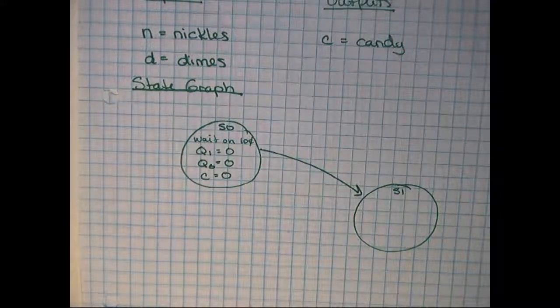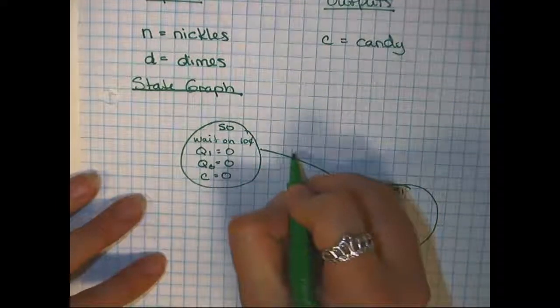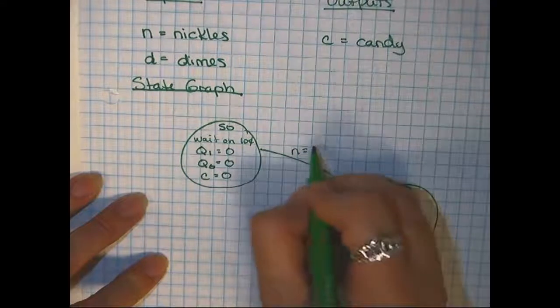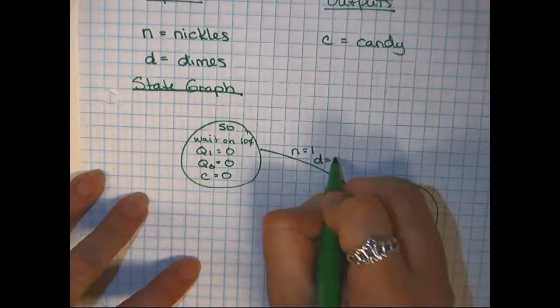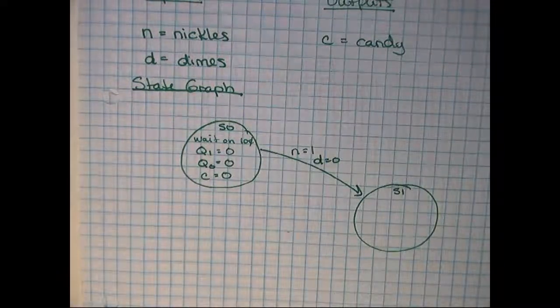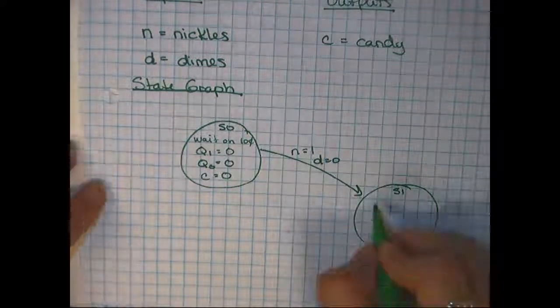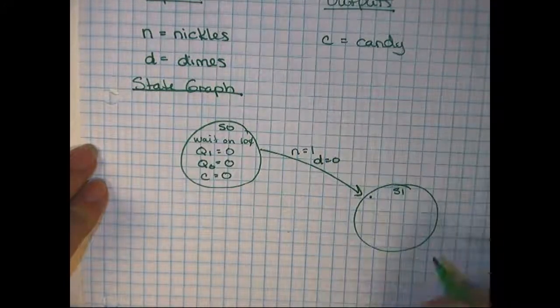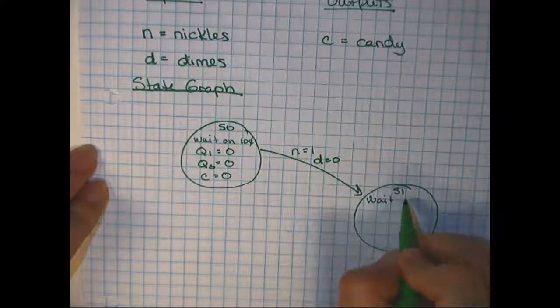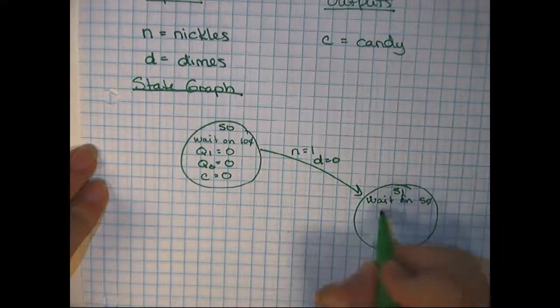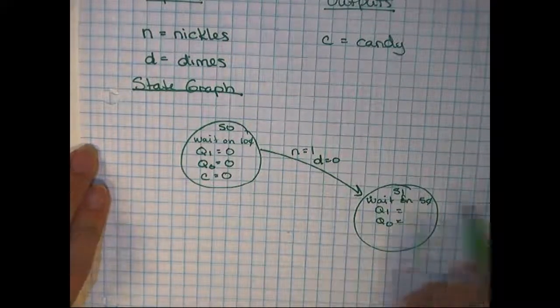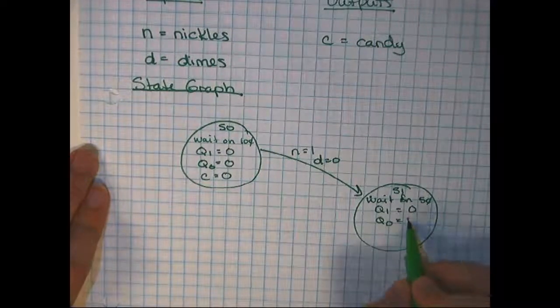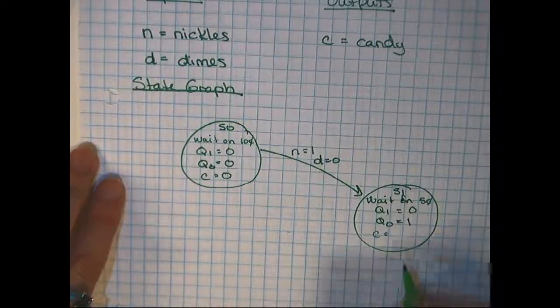And what's going to happen is we're going to put in a nickel, so N equals 1, and D equals 0 to get us to state 1. At state 1, we called that wait on 5 cents. Q1, Q0, and candy, 0. No candy yet.